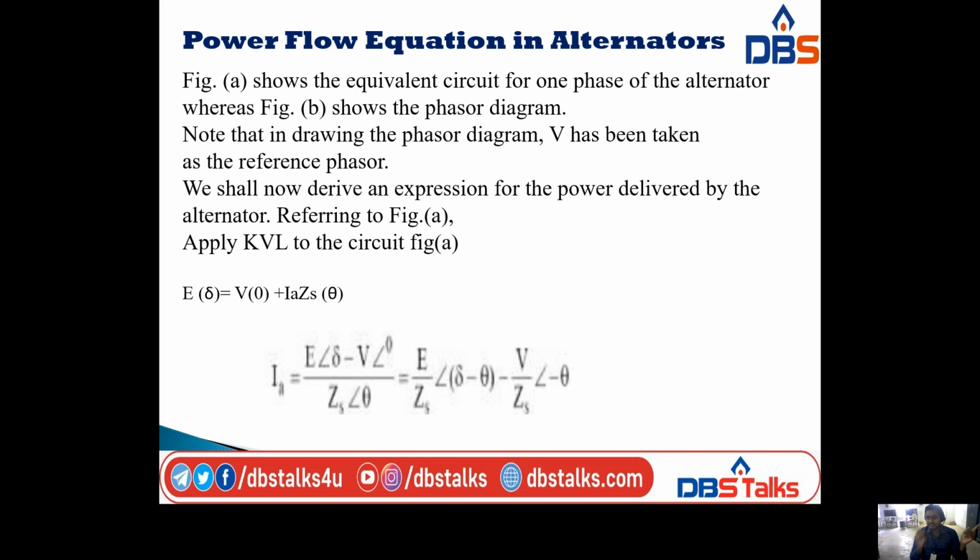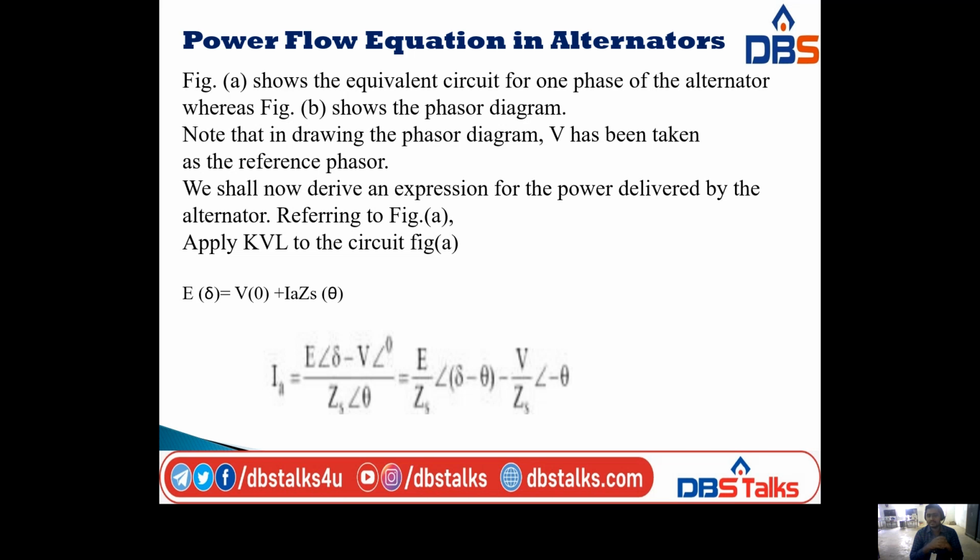Actually it consists of three phases, but every parameter I will take for a single phase only. So figure A, on the left side, is the equivalent circuit of a single phase alternator, and figure B, on the right side, shows the phasor diagram of that arrangement.